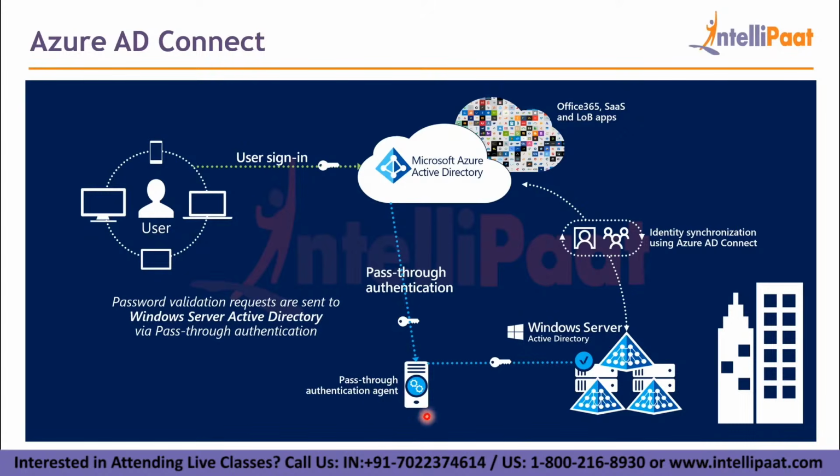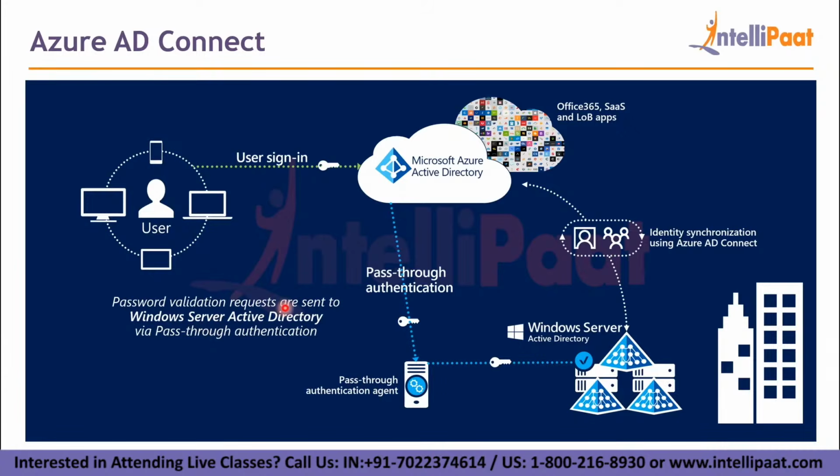Using this agent and pass-through authentication, you log into the Active Directory, and then identity synchronization using Azure AD Connect connects it with Azure Active Directory, and now with just signing into your Active Directory, it will automatically sign you into the Windows Server Active Directory as well.